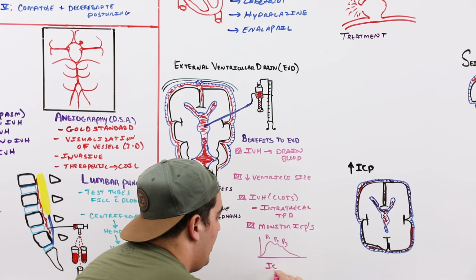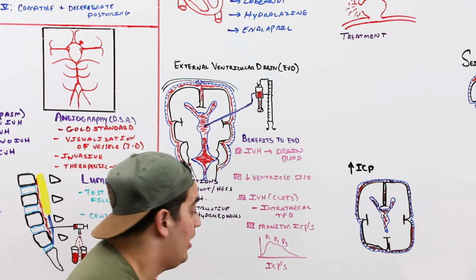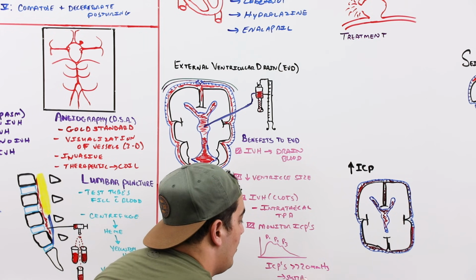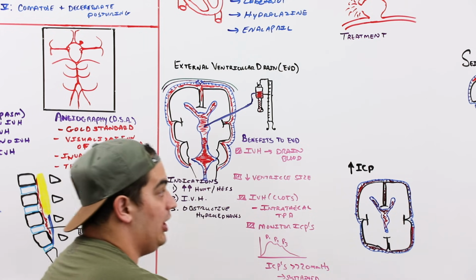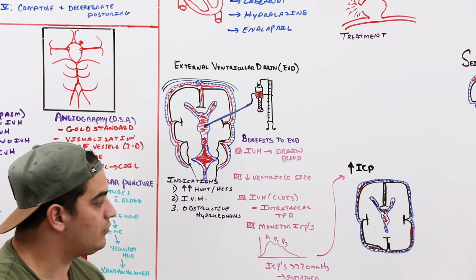Usually, ICPs are desirable to be less than 20 millimeters of mercury. If it's greater than 20 millimeters of mercury and it's sustained, that can be an ICP crisis, and we'll talk about that in a second, okay?